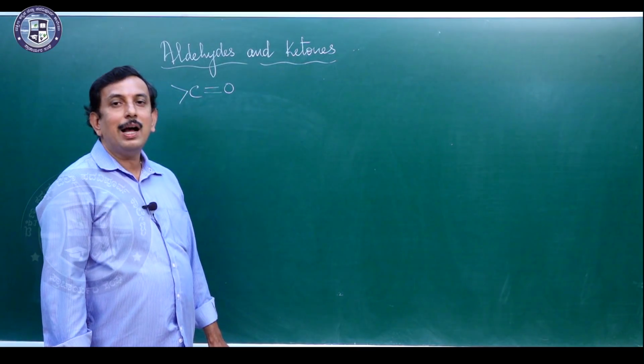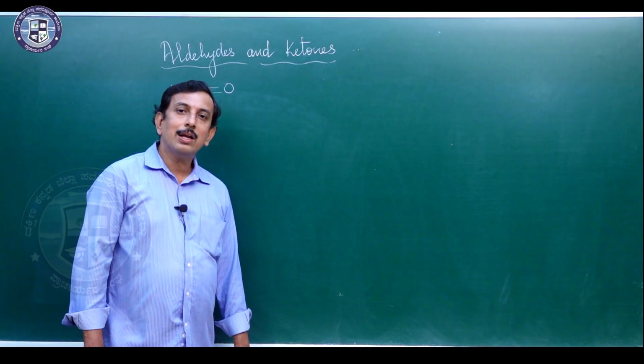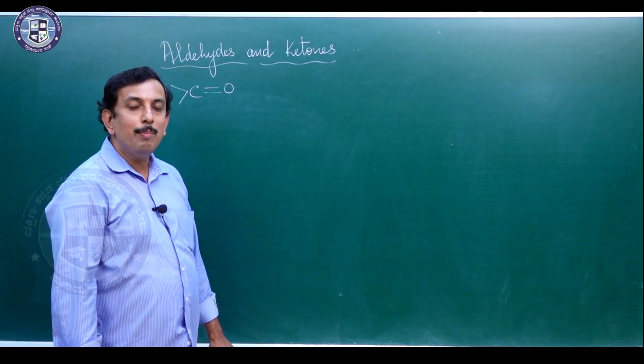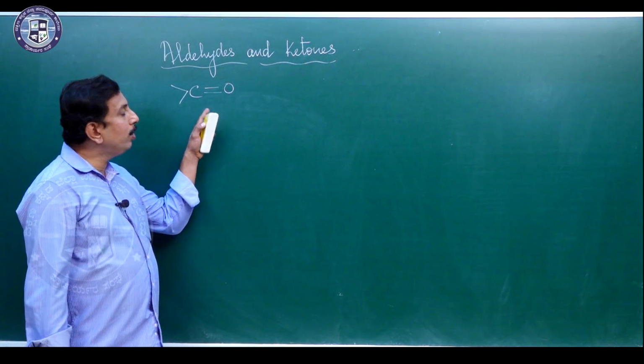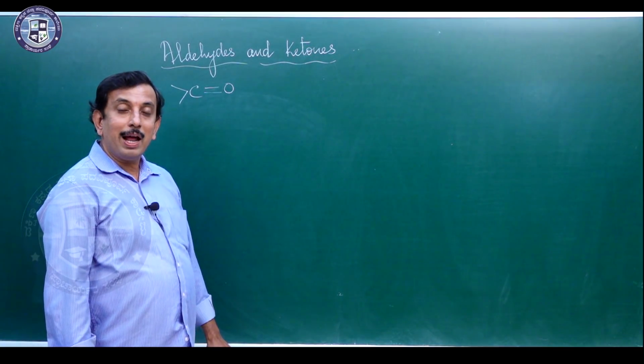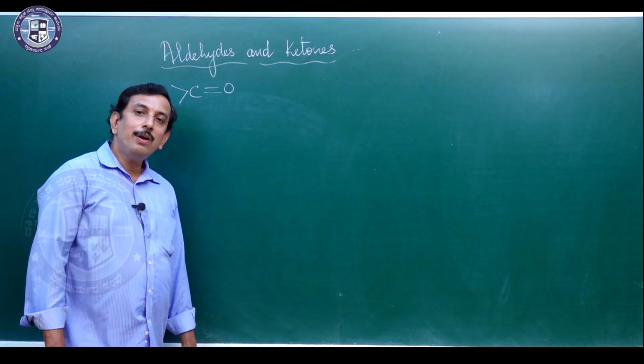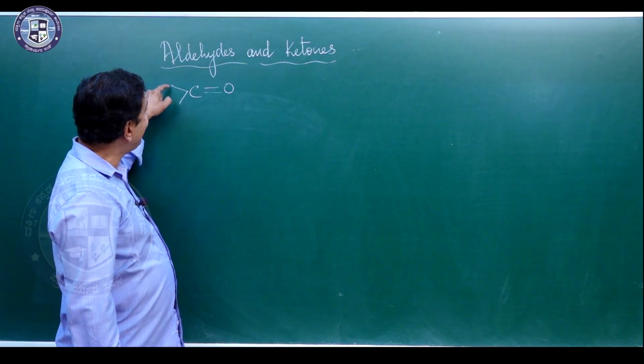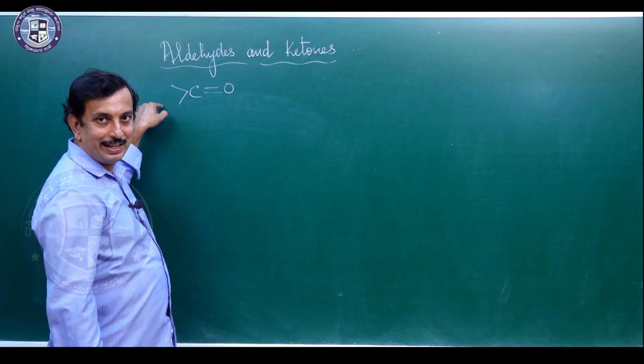We know that aldehydes and ketones are commonly called carbonyl compounds. Why? Because they have a carbonyl group in them. But how do they differ? They differ with respect to the nature of the group attached to this unsatisfied valency.